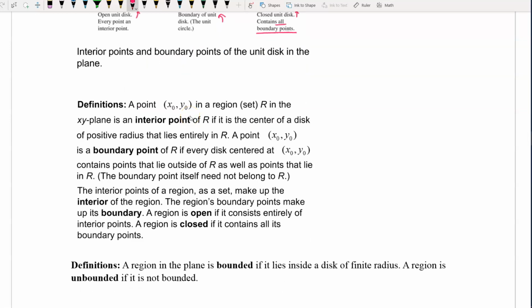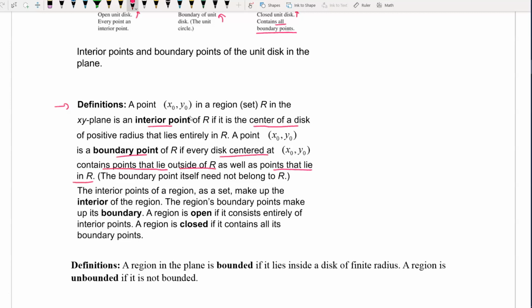Based on what we have on top, here we have the definition. A point x naught comma y naught in the region R in the xy plane is an interior point of R if it is the center of a disk of positive radius that lies entirely in R. And the point x naught, y naught is a boundary point of R if every disk centered at x naught comma y naught contains points that lie outside of R, as well as points that lie in R.